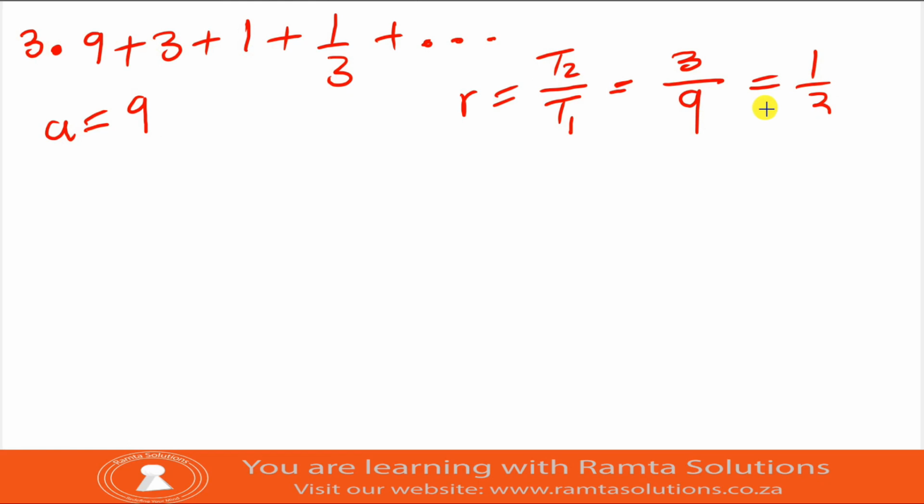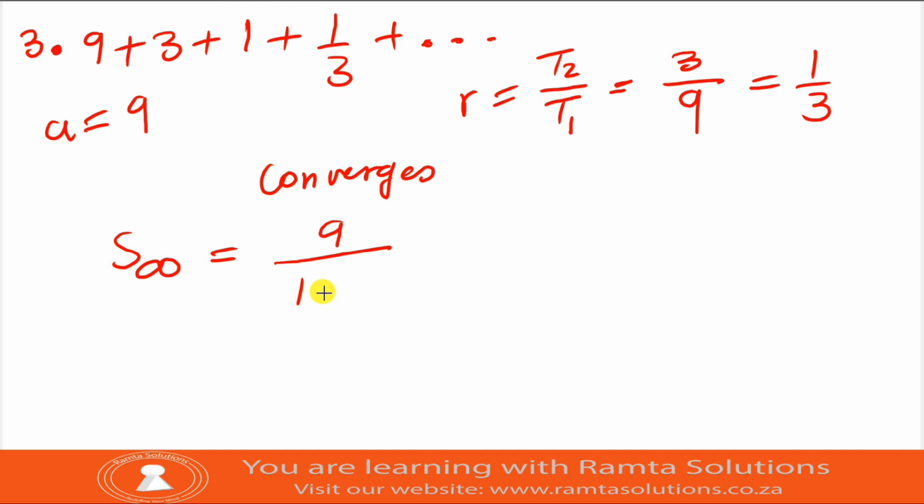This is 1 over 3, which is basically 0,33. So this converges. Now when it converges, what do we do? We say sum to infinity equals a over 1 minus r, which is 9 over 1 minus 1 over 3.